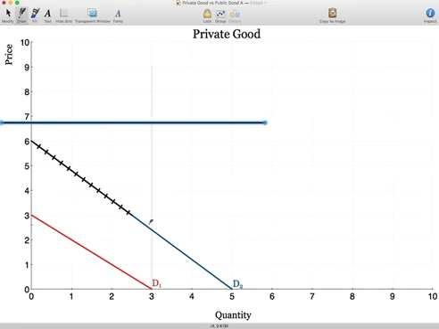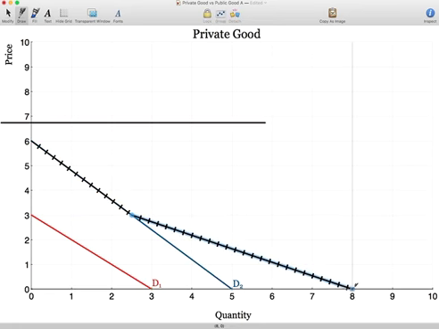So let me draw that in and go back to this point here and bring that line there. So this is the market demand curve, those cross-sectional lines there. Make sure you're comfortable with that, because that's how we come up with the market demand for private goods.